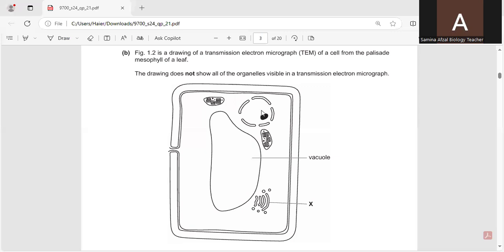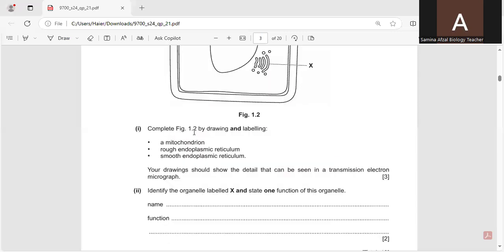Complete Figure 1.2 by drawing and labeling a mitochondrion, rough endoplasmic reticulum, and smooth endoplasmic reticulum. Your drawing should show the details that can be seen in a transmission electron micrograph, and then identify the organelle labeled X and state one function of this organelle.